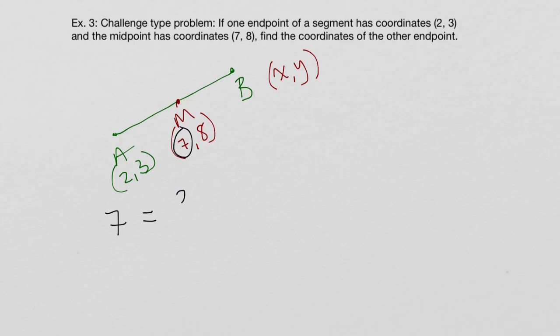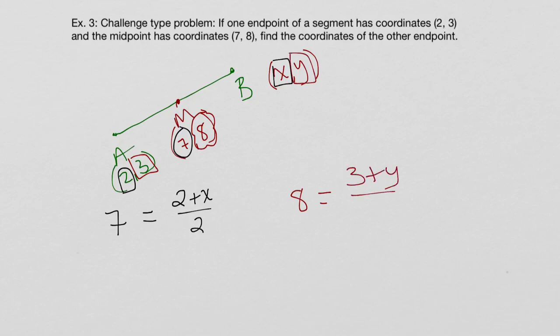So we've got 2, that's this endpoint's x-coordinate, and we don't know this one. So it's 2 plus x over 2. We also know that the y-coordinate has to be the average of the 2 y-coordinates, 3 and y. So that's going to be 3 plus y over 2.